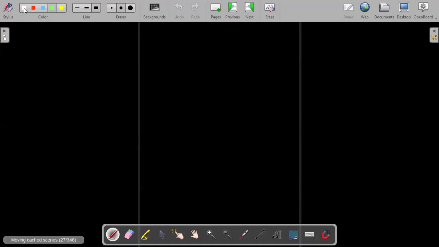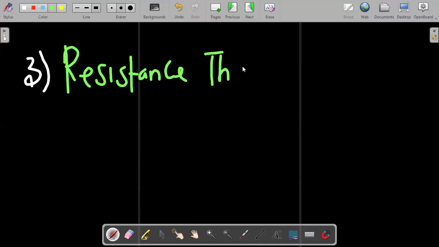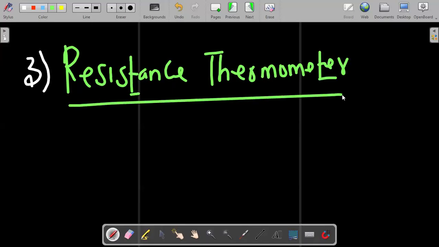Let's go to number three. Number three should be the resistance thermometer. Resistance, right? Yes, resistance thermometer.